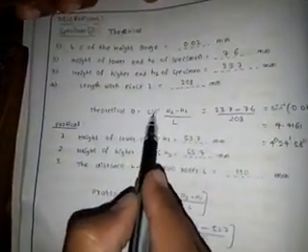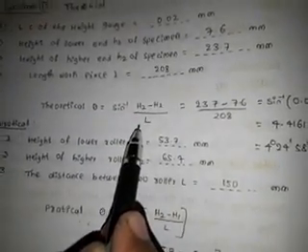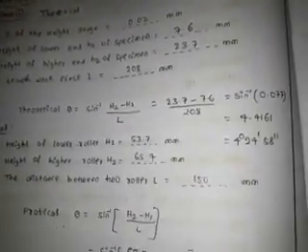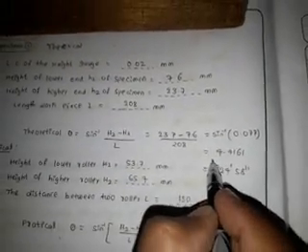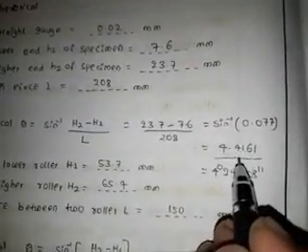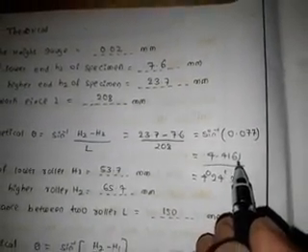As I told you, theta equals sine inverse of h2 minus h1 by l1, correct? The length is 208, h2 is 23.7, h1 is 7.6. Substituting all the values, we get 4.4161. This is what we have calculated theoretically.